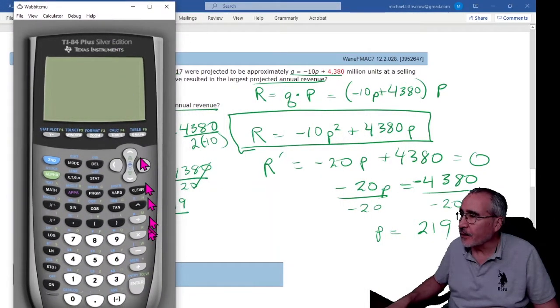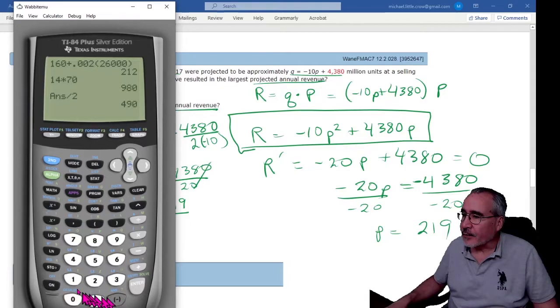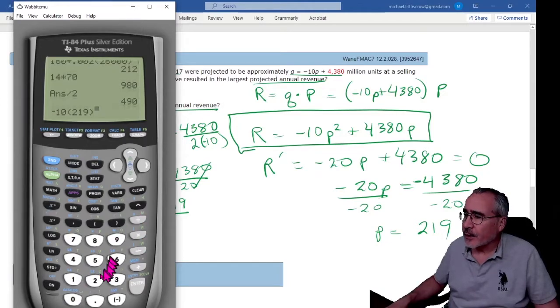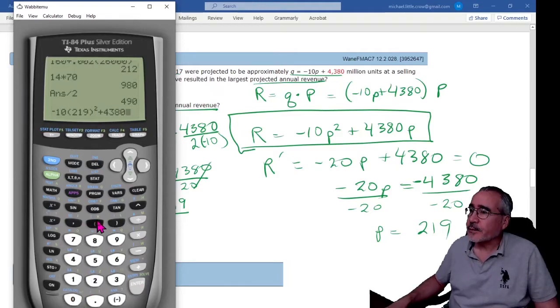Move over here, please. We will put in negative 10 times 219, that's what we came up with two different ways, two different times, squared, plus 4380 times 219.